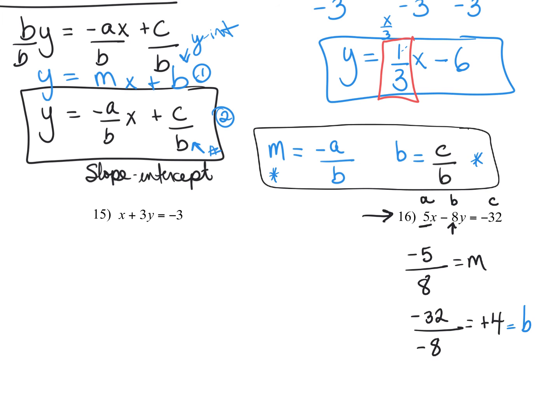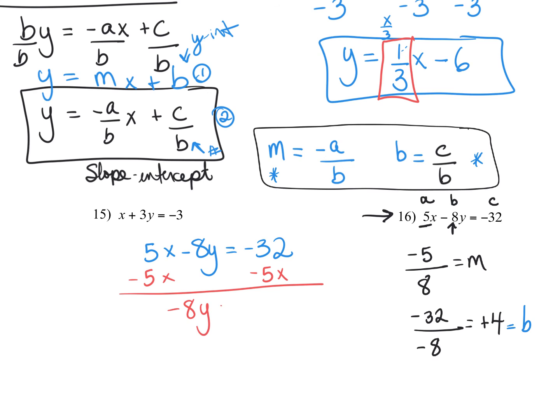And just to prove it to you, I will take 5x minus 8y equals negative 32. Okay, so let's solve for y. I need to subtract 5x from both sides, giving me negative 8y is equal to negative 5x minus 32.